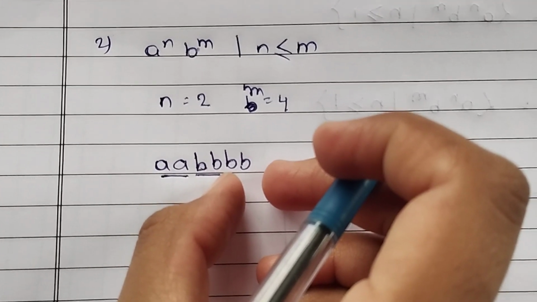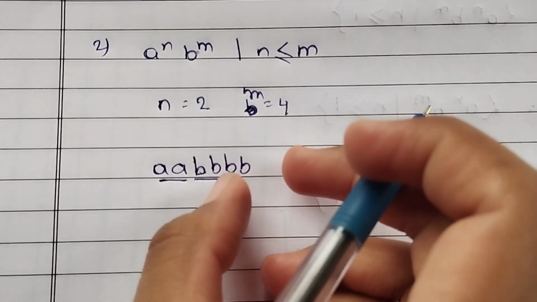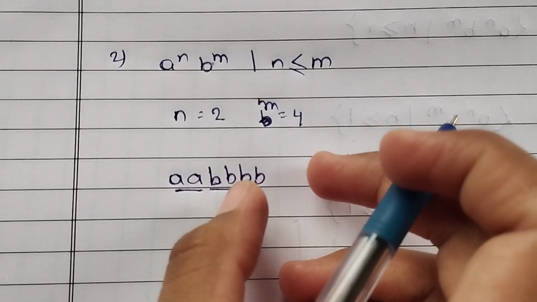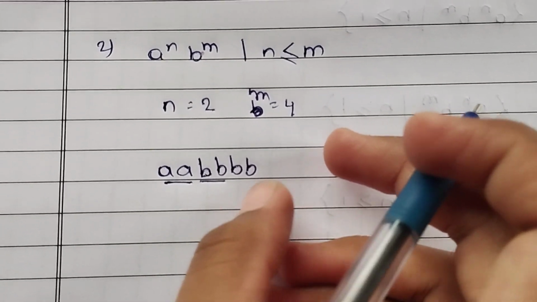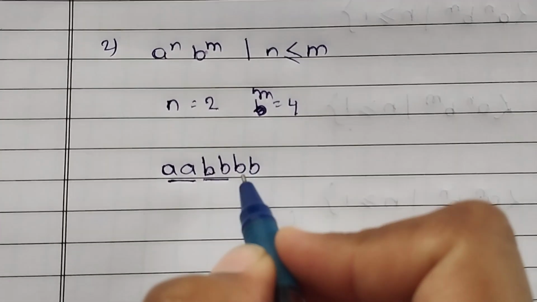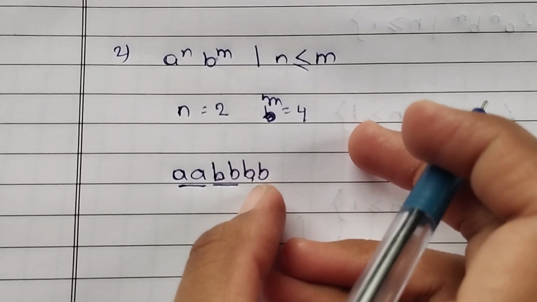Now for the remaining b's, when we read them, we keep z0 as it is, or we transfer this b to the null. So this is the logic here.